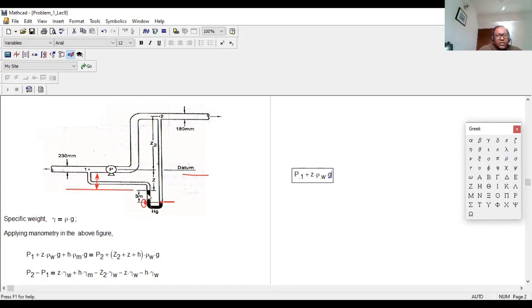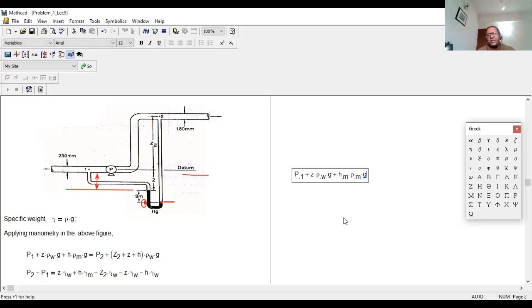That means the manometric height, right? So if I say that one is H, or I can say HM, HM equals 3, right? Into rho. What rho will be over here? Obviously this will be the manometric fluid, so you need to put rho M into G. So this is the pressure you are getting on the left side.